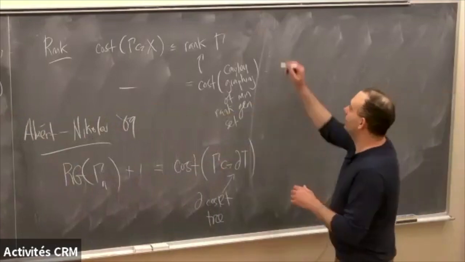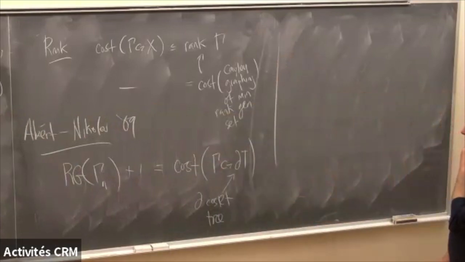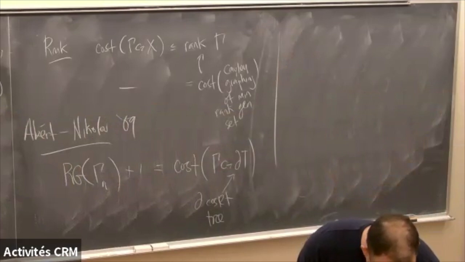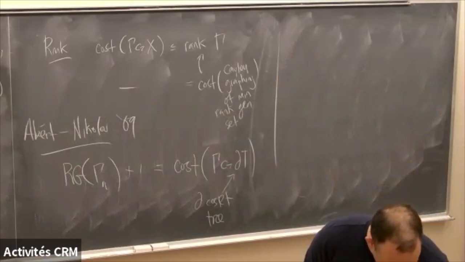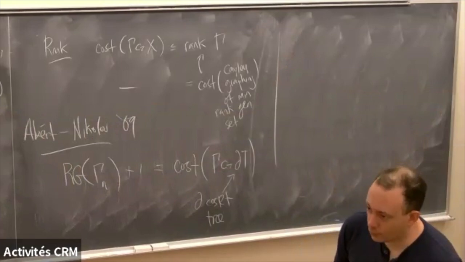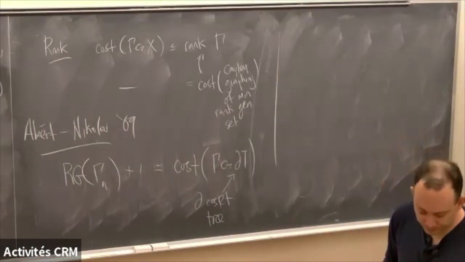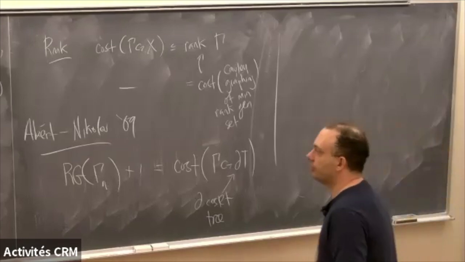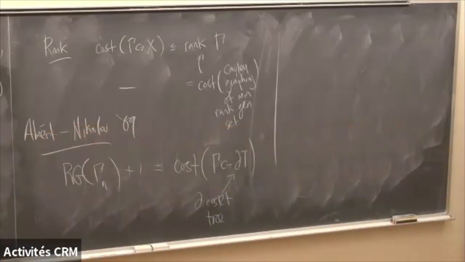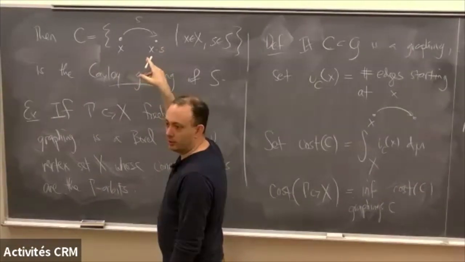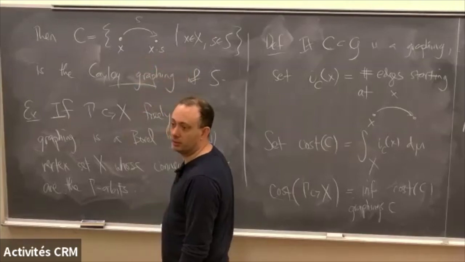Okay. So what do we do with this though? Where do I want to go with this? Groupoid cost, yeah, that's sort of why I'm phrasing it this way. Take the Cayley graphing associated to a minimal size generating set, then the cost of that is exactly the rank.